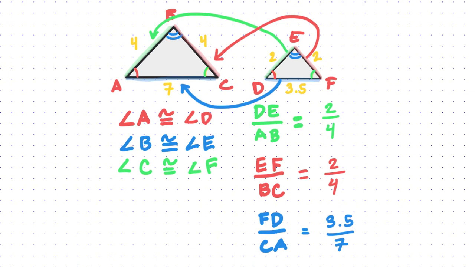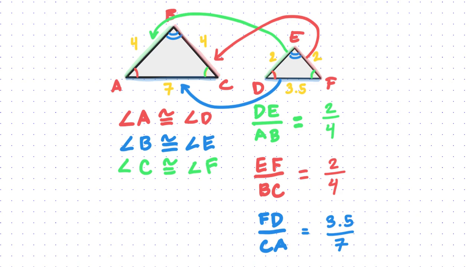And so DE to AB can be represented by the ratio 2/4. The ratio of side EF to side BC, again, can also be represented as 2/4. And finally, the ratio of side FD to side CA can be represented with the ratio 3.5/7. Now, in order to prove that these sides are proportional, all of these ratios must be the same.